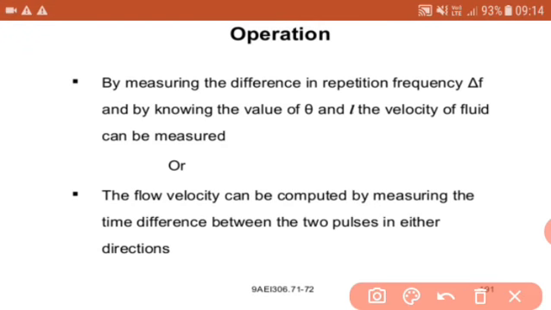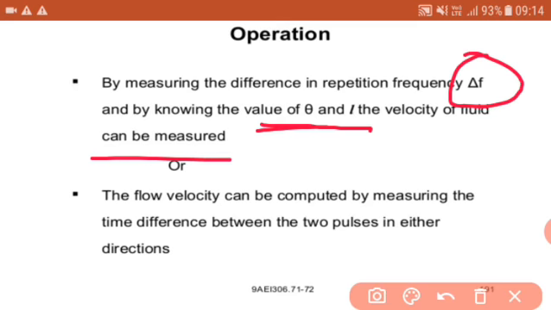Now, by measuring the difference in repetition frequency delta F and by knowing the value of theta and L, the velocity of fluid can be measured. If these three parameters are known, then we can find the velocity of fluid.